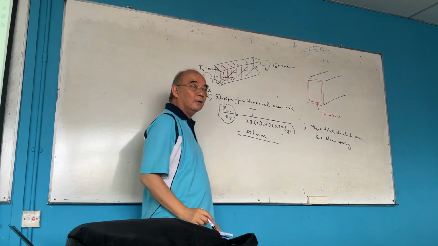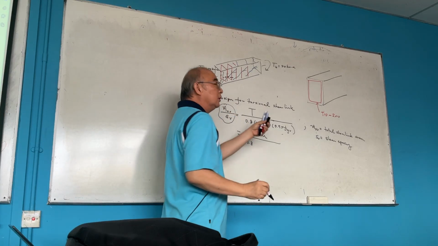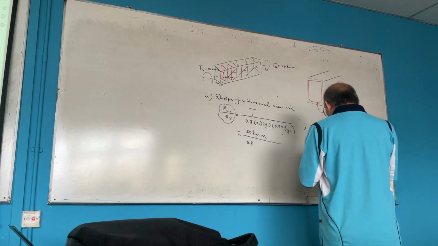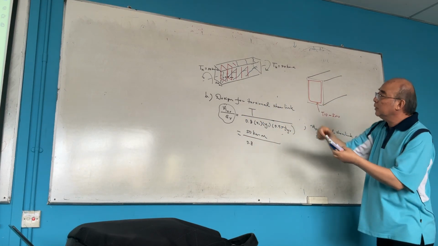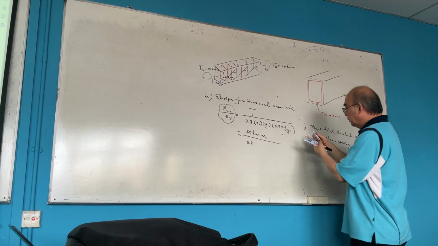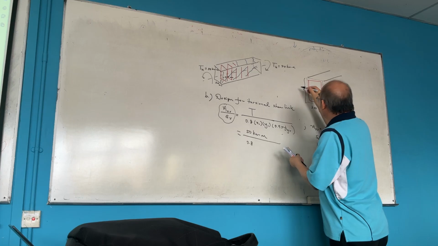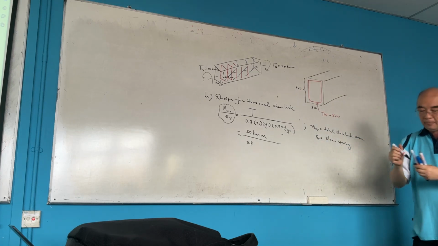So the question is, what is x1 and y1? This one here is 300, and over here is 500.